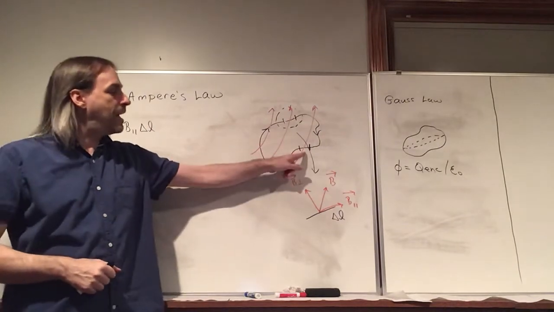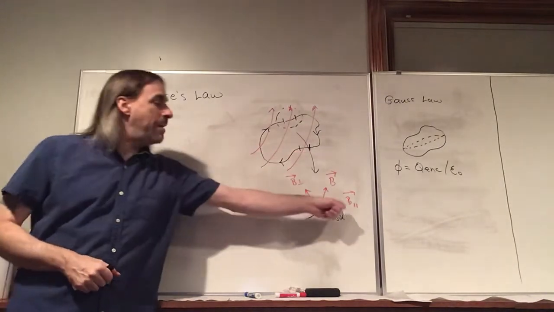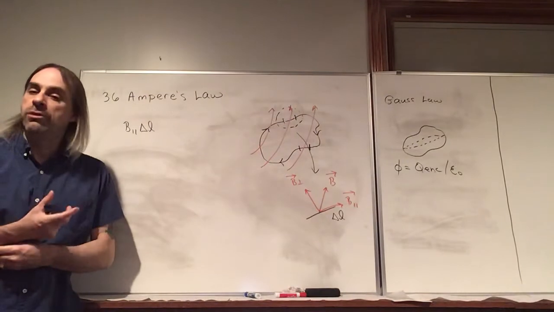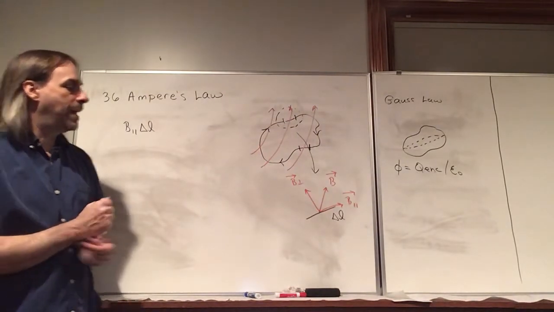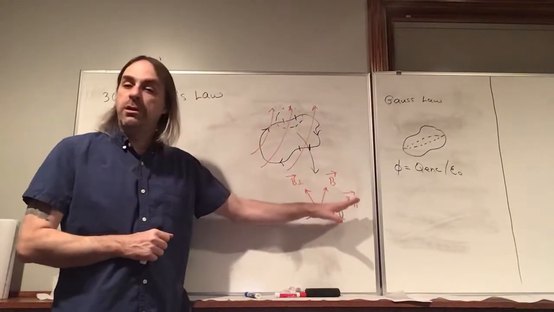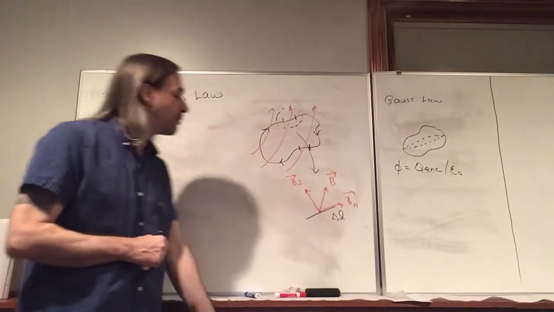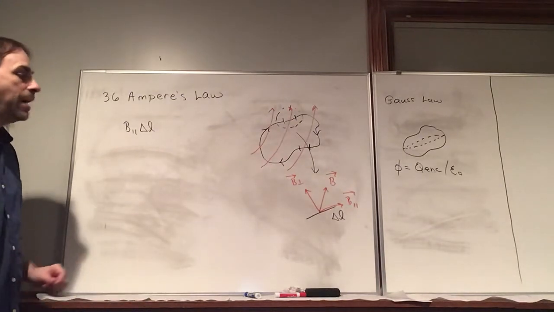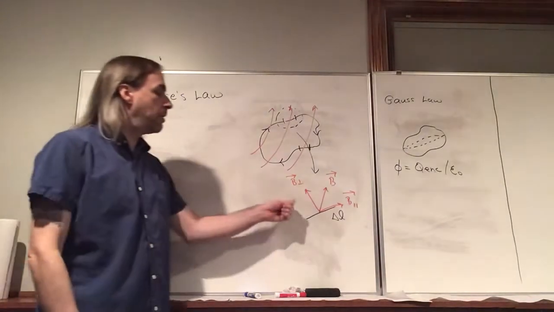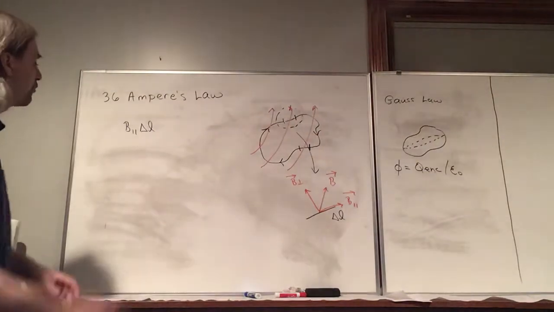So for this segment, B parallel times delta L would be negative. It can be positive or negative, depending on how you trace your curve. If they line up, positive. If they're opposing each other, negative.